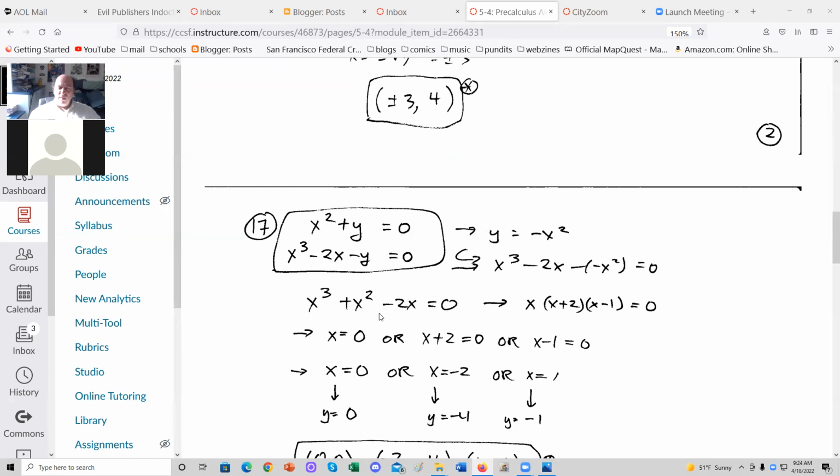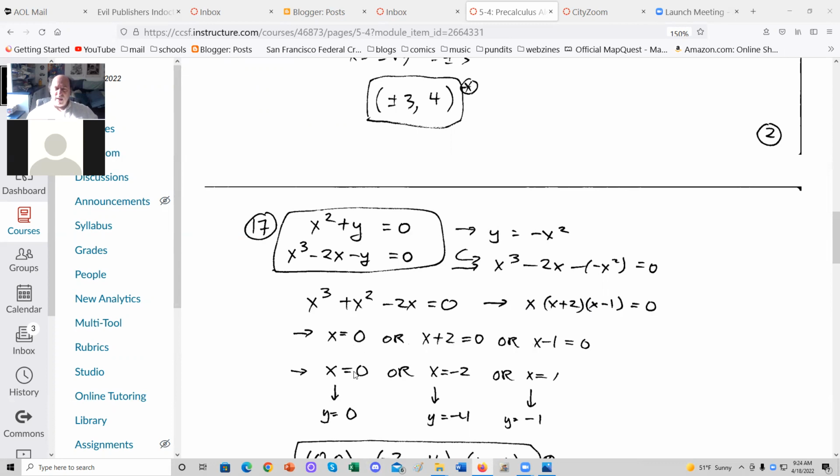I know we can factor this. There's a common factor of x, it comes out. And after a very small amount of work, the rest factors into x plus 2 times x minus 1. So x times x plus 2 times x minus 1 is 0. So either x is 0, or x plus 2 is 0, or x minus 1 is 0.